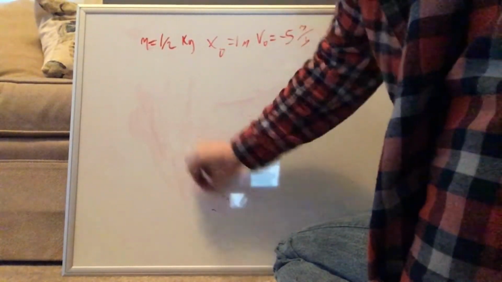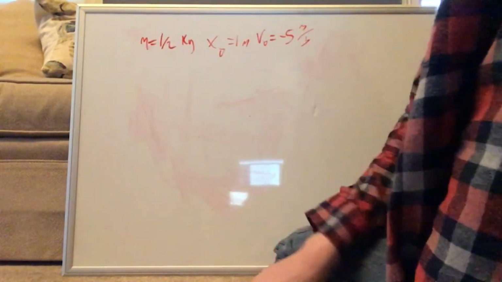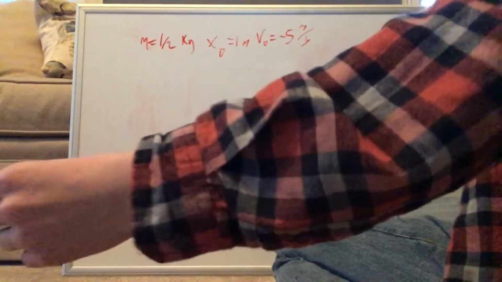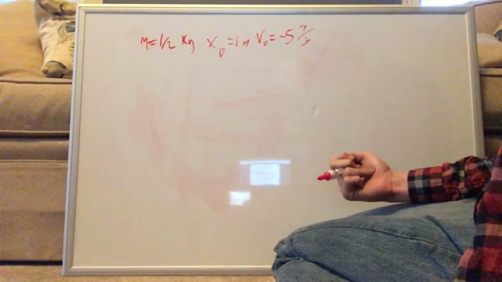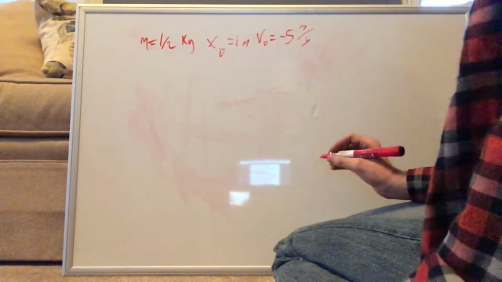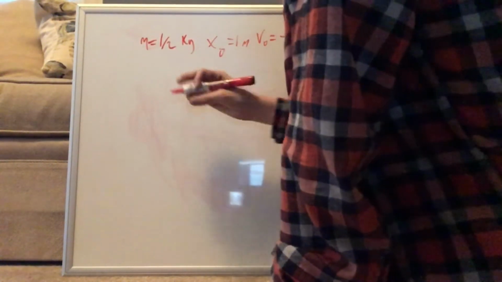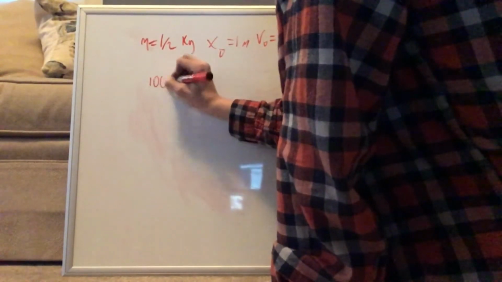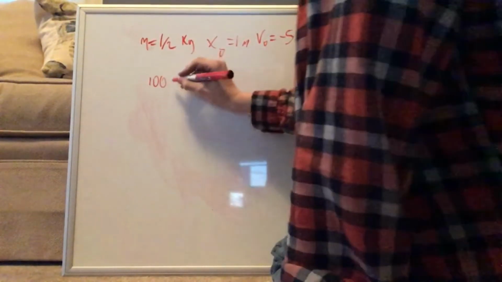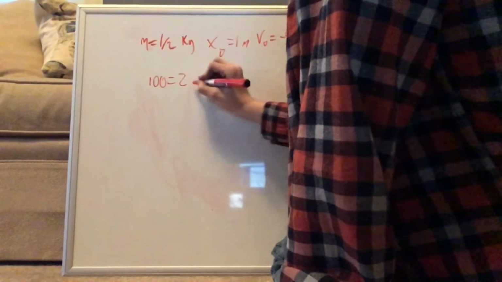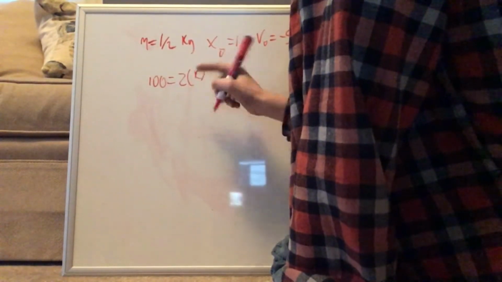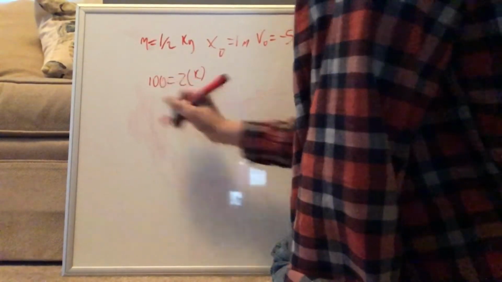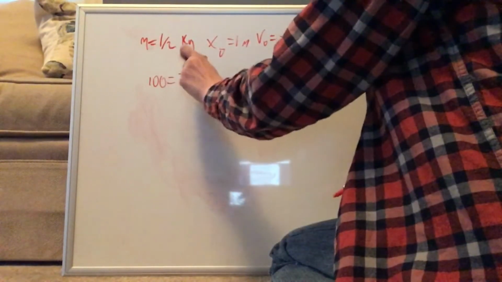We can find the spring constant using the fact that when it's stretched out 2 meters, it applies 100 newtons of resistance. So 100 newtons equals 2 times k. The spring constant k is 50, right?